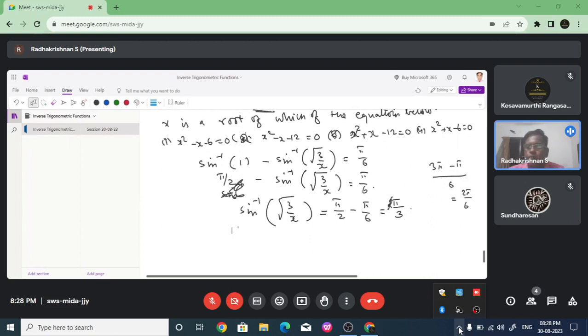So now sin inverse of root 3 by root x is equal to pi by 3.